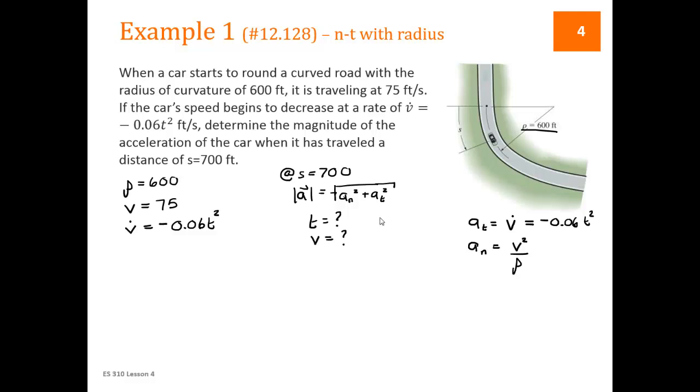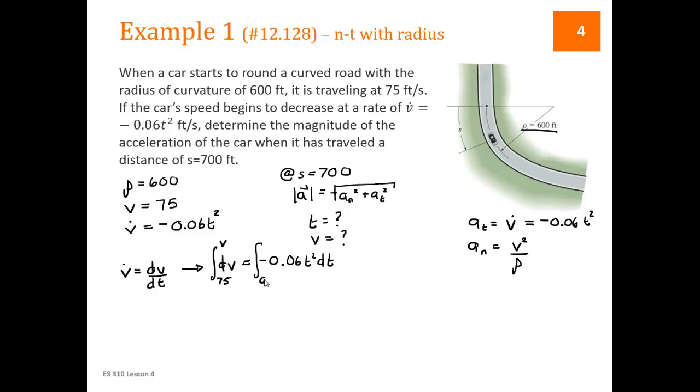Let's start with, we know that v dot is equal to dv dt. So we can write dv is equal to negative 0.06 t squared dt. We're going to take an integral of both sides. Initially, this was 75. We started at 75 feet per second, sorry, and we're going to end up at some v, which is what we're trying to find.